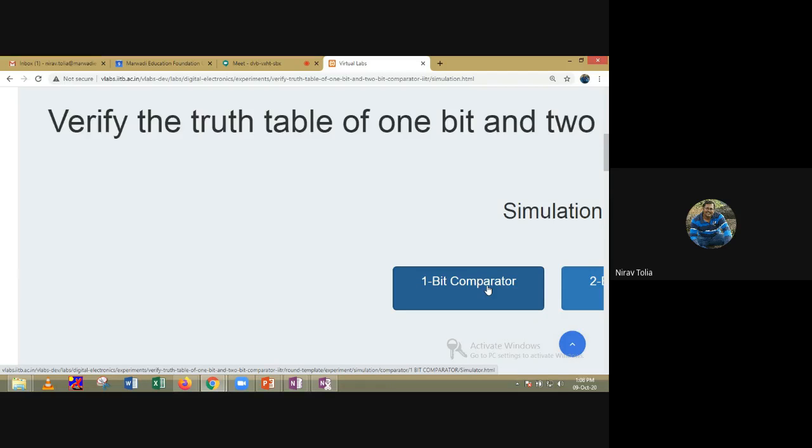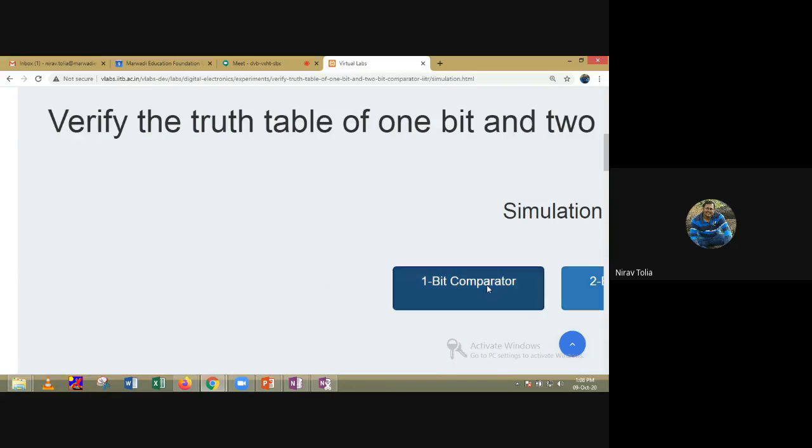Can anyone find the difficulty by performing the experiment? So no one finds any difficulty.